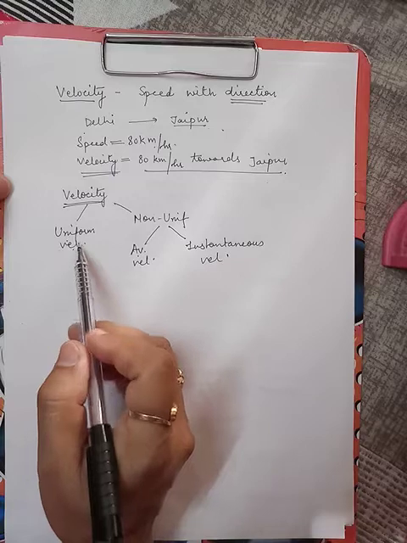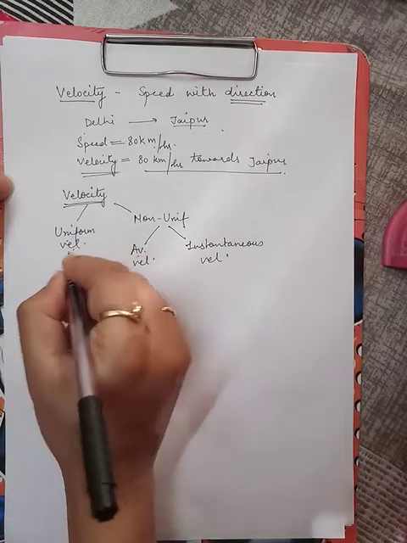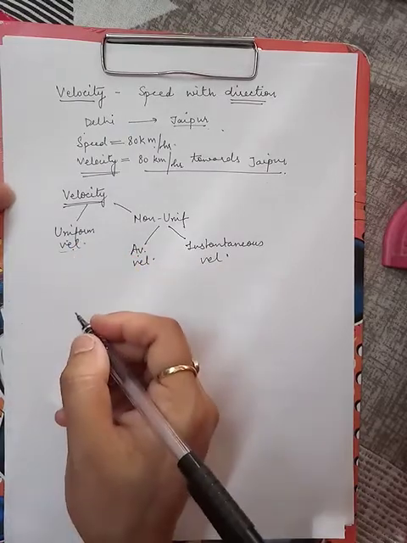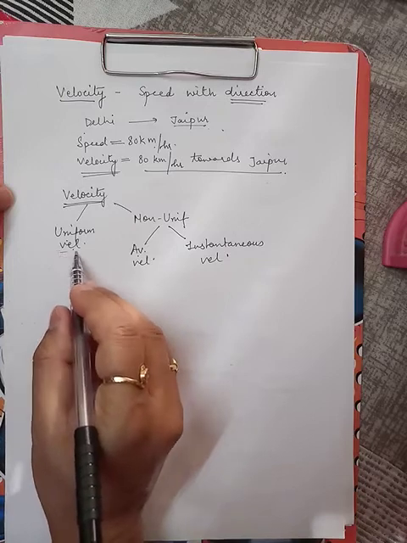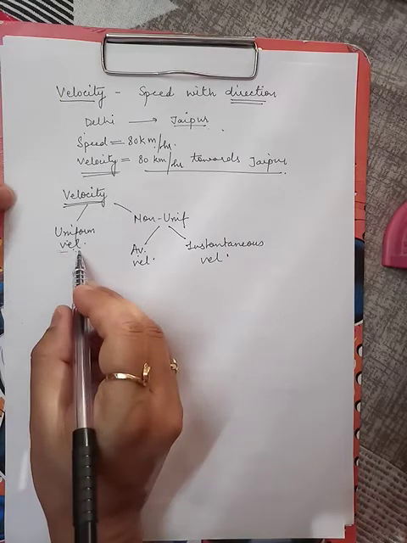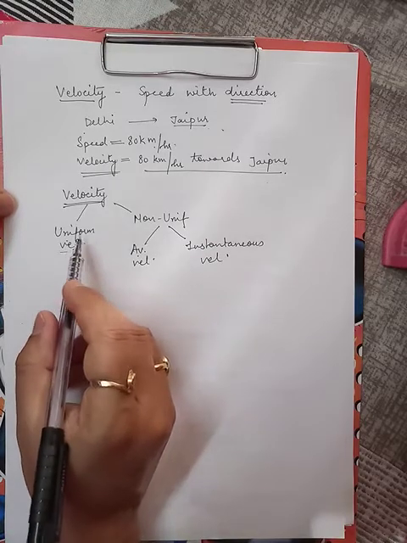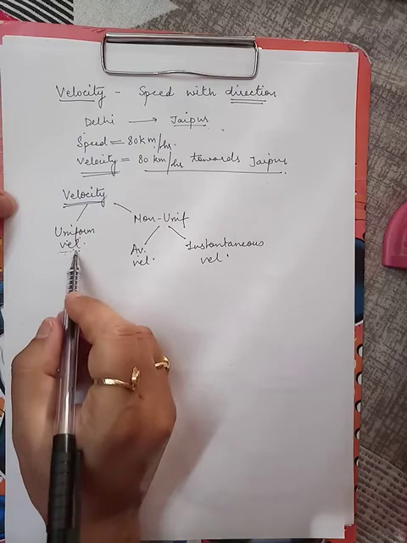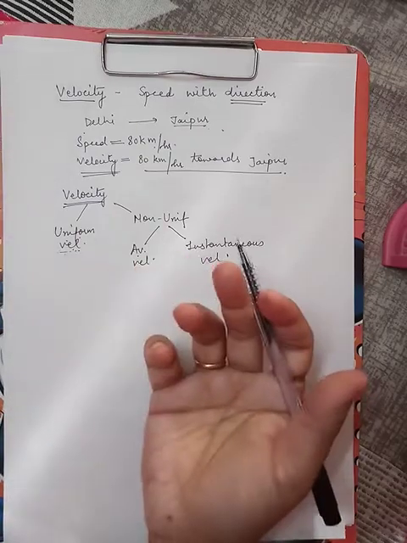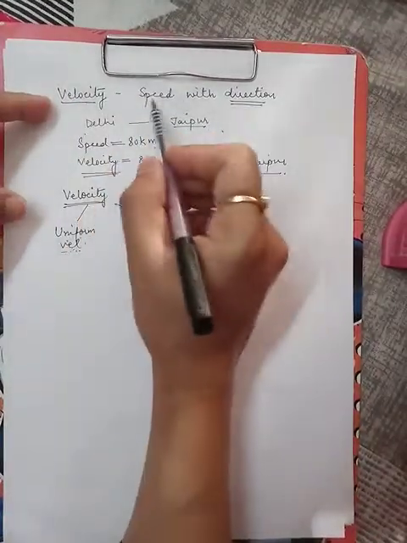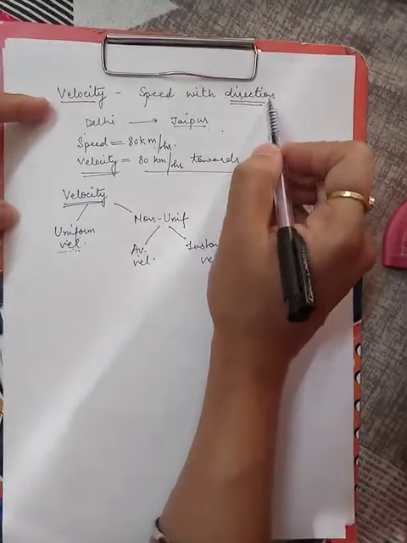Uniform velocity means, what is uniform? The velocity of an object will be uniform, but we have to understand very clearly that in this case the object has a constant speed as well as a constant, same direction, because velocity is speed with direction.